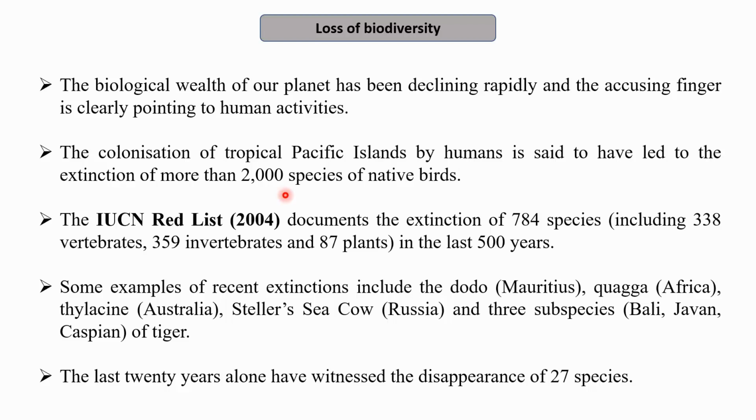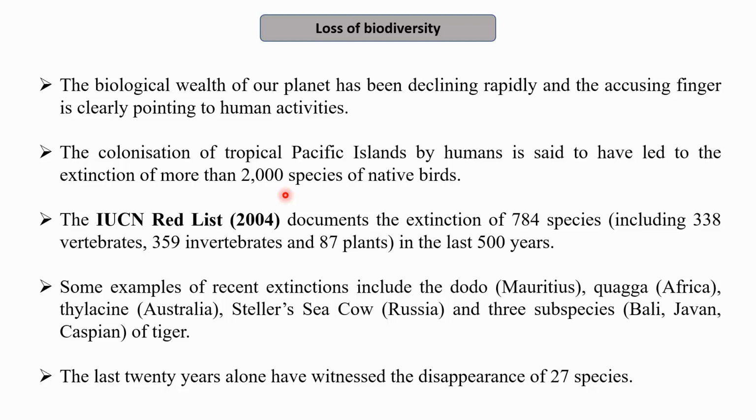The IUCN Red List is the list that documents the extinct species. The IUCN Red List 2004 documents the extinction of 784 species, including 338 vertebrates, 359 invertebrates, and 87 plants in the last 500 years. So this is an alarming rate at which plants, animals, and other species are becoming extinct.